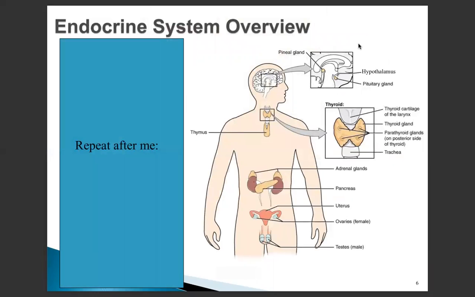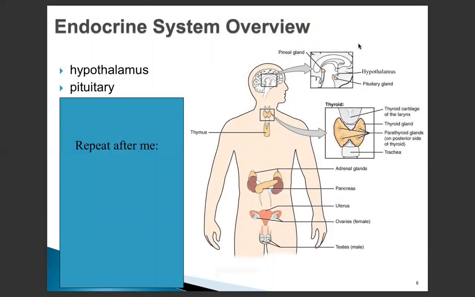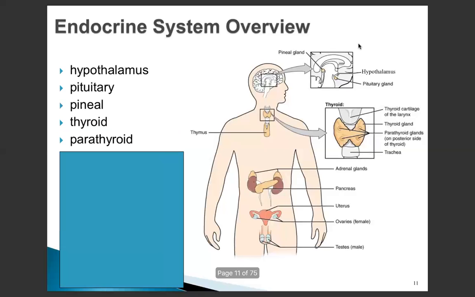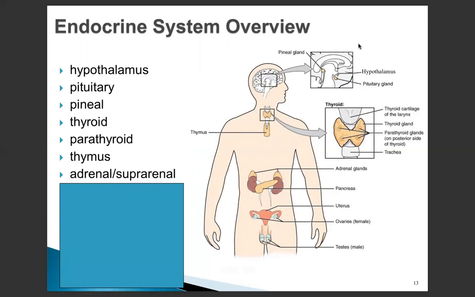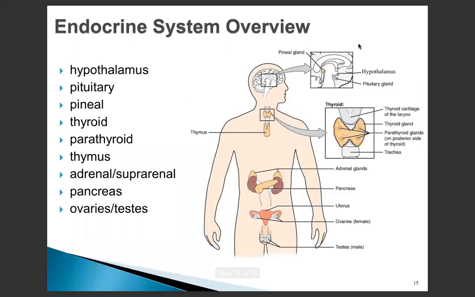So here we will repeat after me: the hypothalamus, pituitary, pineal, thyroid, parathyroid, thymus, adrenal or suprarenal, pancreas, and ovaries/testes.